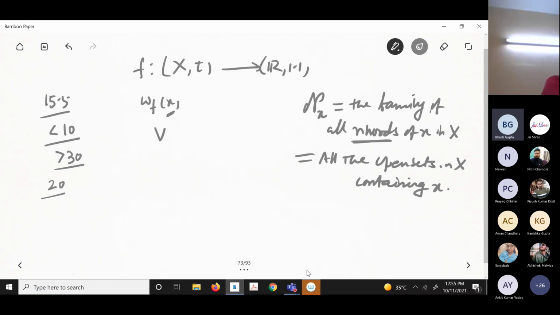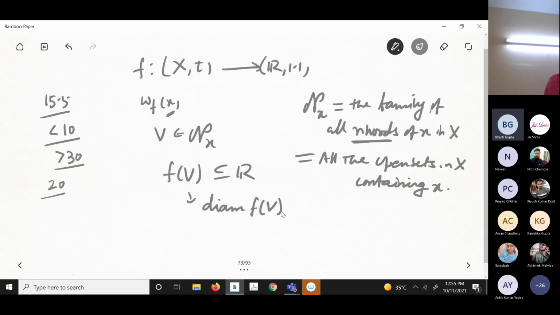Now look, if V is a neighborhood of X, then F(V) is a subset of R, and R I have taken as a metric space. So the diameter of F(V) makes sense.